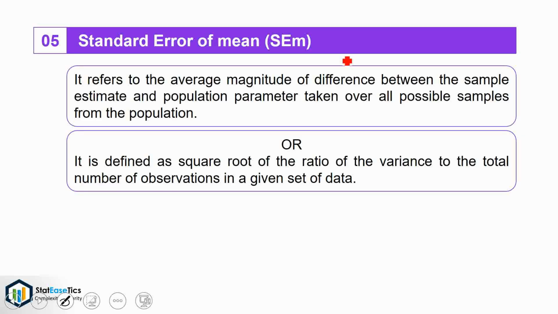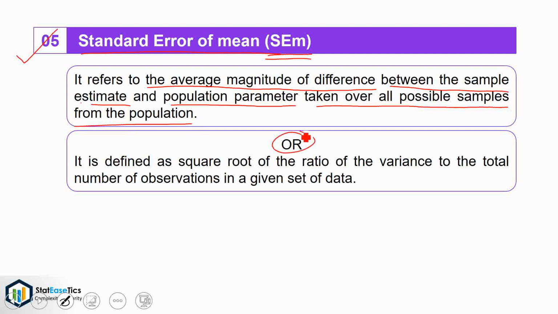Now let's see the fifth measure of dispersion, that is standard error of mean, SEM. It refers to the average magnitude of difference between the sample estimate and the population parameter taken over all possible samples from the population.